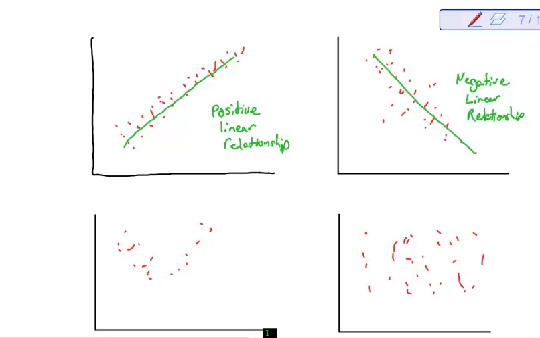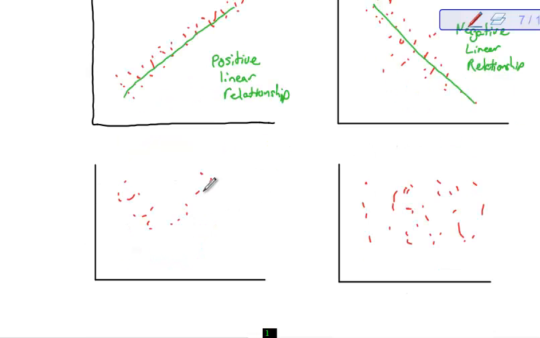Think about the slope of graphs. Usually positive slope goes up from left to right, negative slope goes down from left to right. Same thing with relationships. It's positive if it's increasing from left to right, and negative if it's going down from left to right. Now let's look at this graph down here.